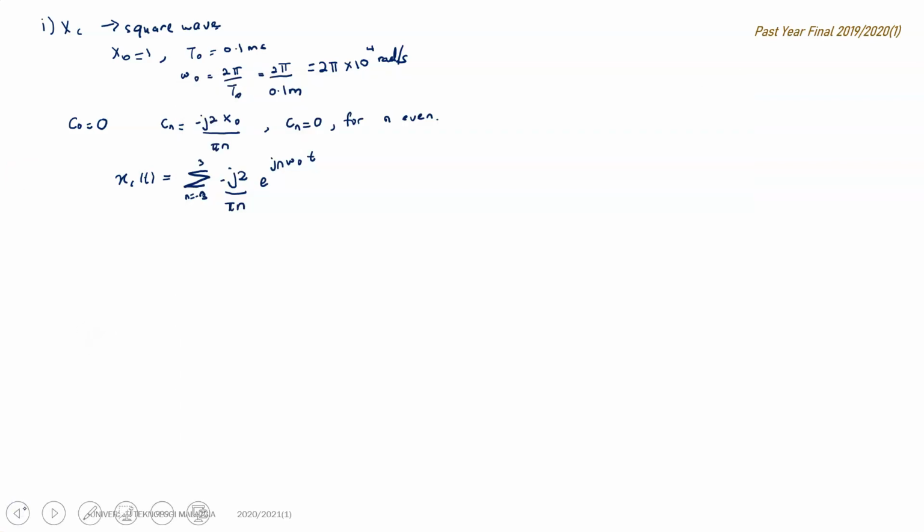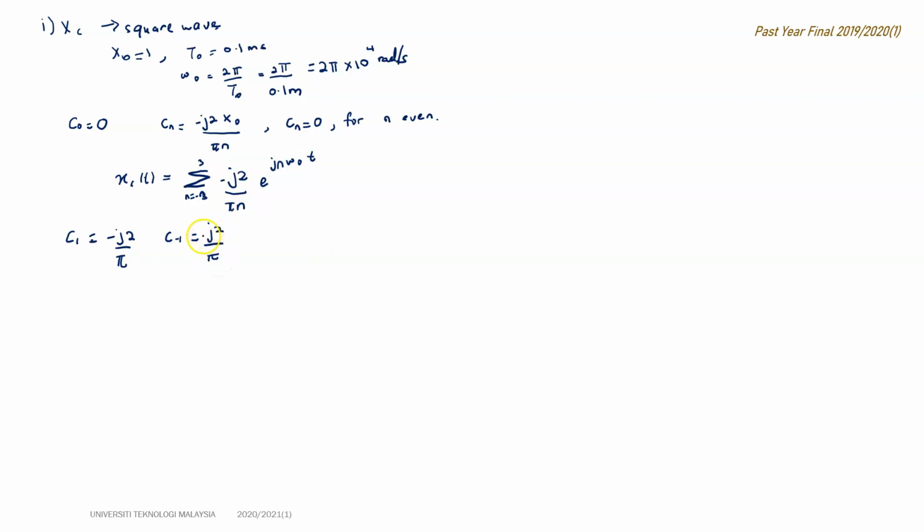Now we find each harmonic. We just need to find for 1 and also 3, since when n equal to 2, Cn is equal to 0. So C1 is equal to negative j 2 divided by pi, because n is equal to 1, and C negative 1 will become j 2 divided by pi.